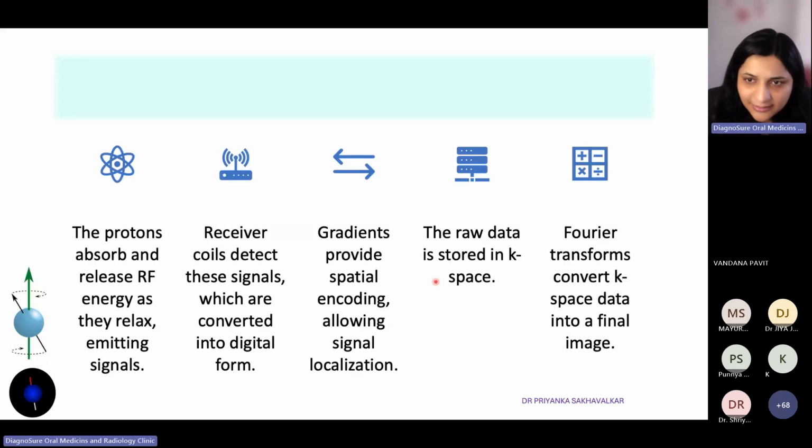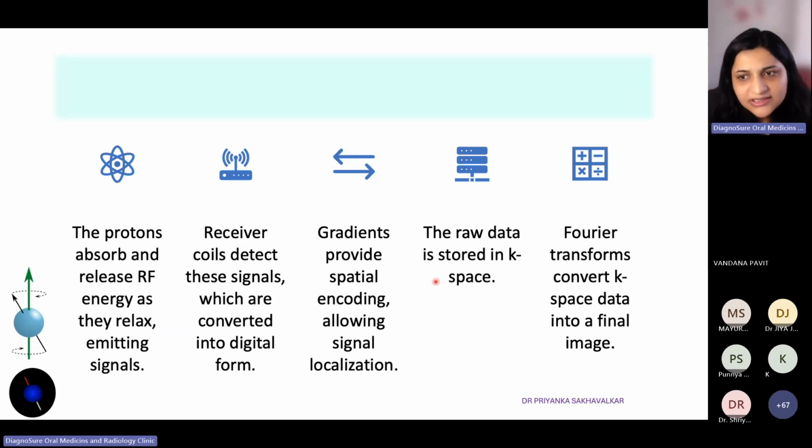So in MRI, protons in the body absorb and release radio frequency energy as they return to their equilibrium state, emitting signals in the process. These signals are detected by receiver coils positioned around the body, which act as antennas to capture the small radio frequency signal. Then these detected signals are converted into digital data.